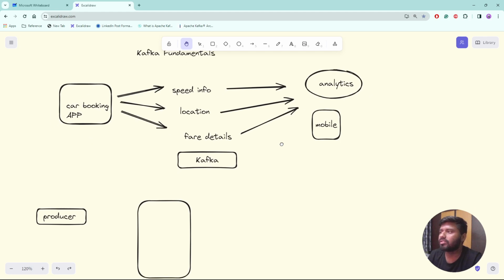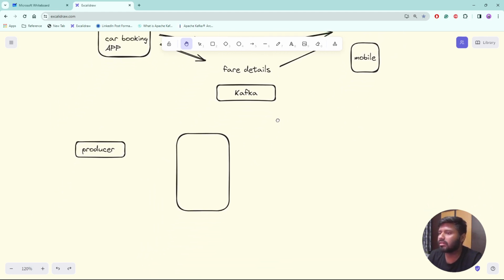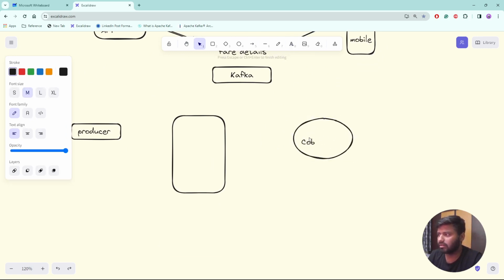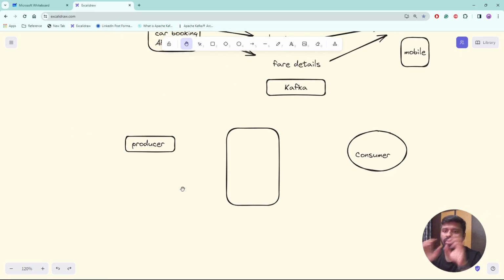In technical terminology, these are called consumers. Very basic and easy to understand: the producer is the one producing the information, and consumers are consuming the respective information, and it is happening via Kafka.